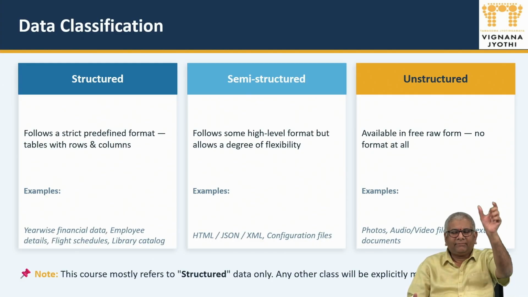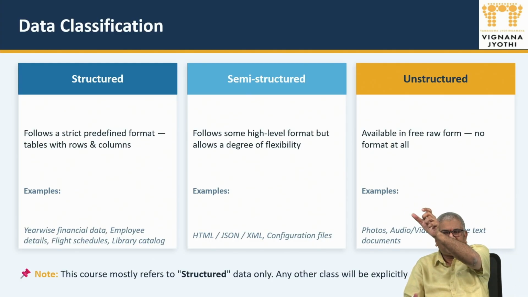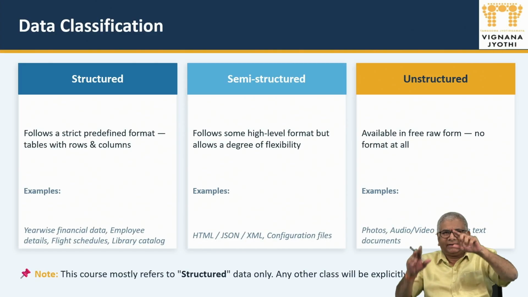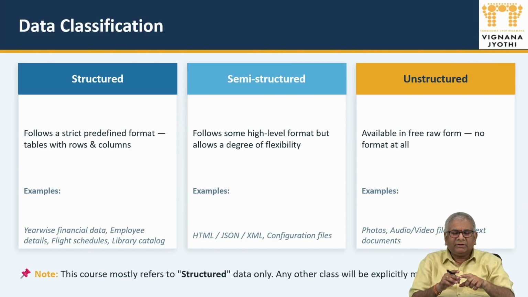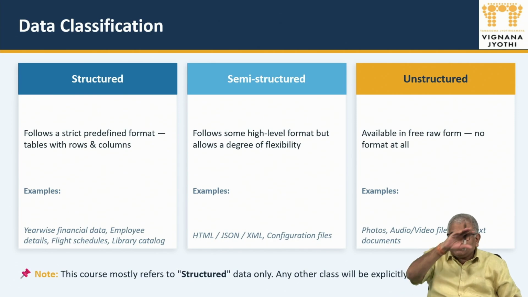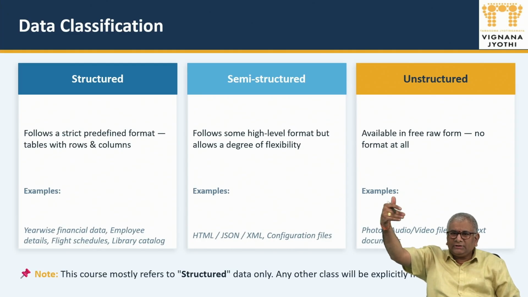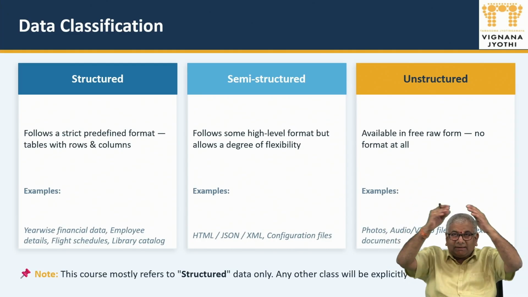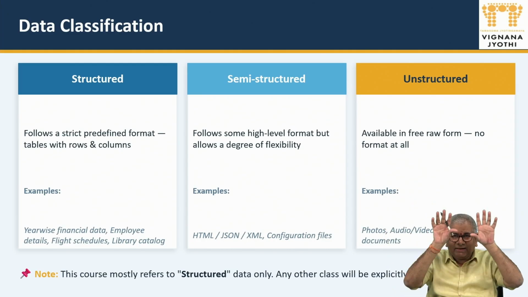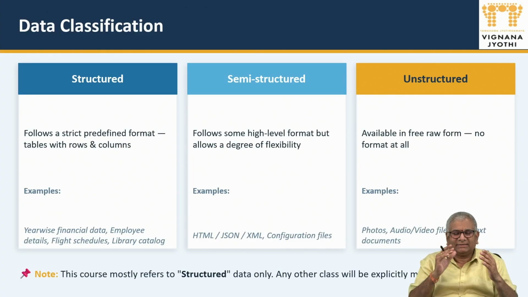The flight number, destination, time of starting or boarding time, all these things are there in a table-like format. That table contains information on several flights. Each row is for one flight, right? You see the status of the flight also, right? So the data in the table is the structured data.